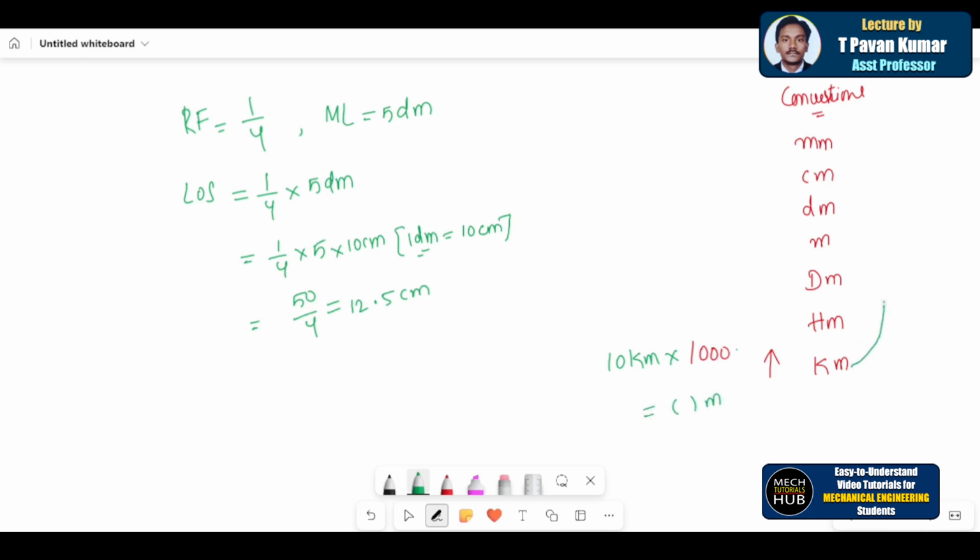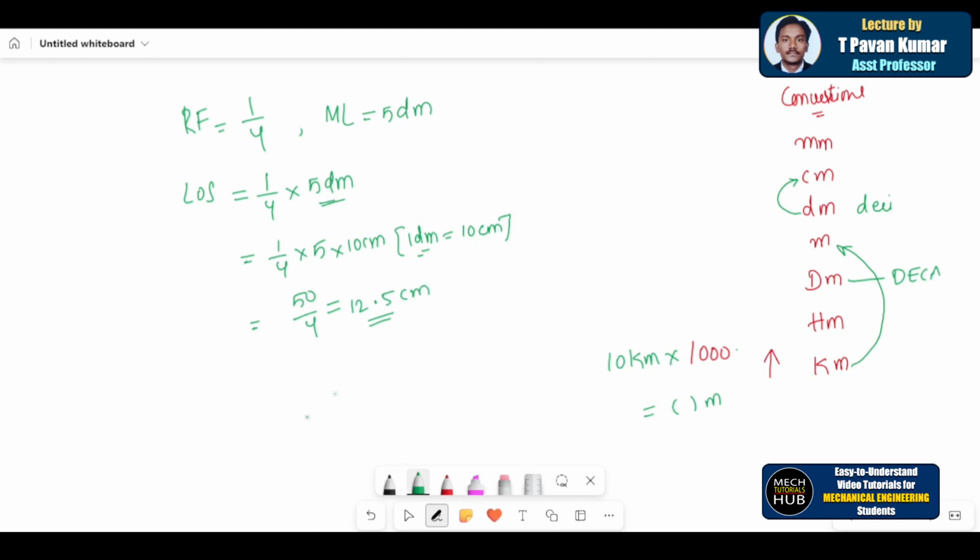This I call decimeter, small d, and this deca, capital D. Keeping this in mind, 5 decimeters are given to me, 5 decimeters into 10 will be converted to centimeters. So altogether I got 12.5 centimeters. Now it becomes easy for me to draw a length of 12.5 centimeters on a sheet. That is the reason I am converting to my convenient units.